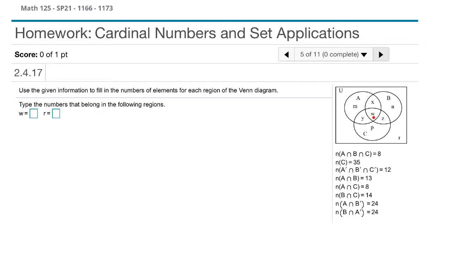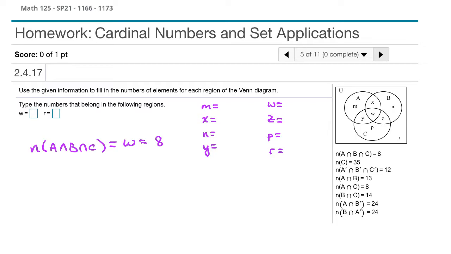The only place where all three overlap is in this region W. So the cardinality of A intersect B intersect C is W, and we're told that cardinality is 8. So for all of our variables, we know that the value of W is going to be 8.